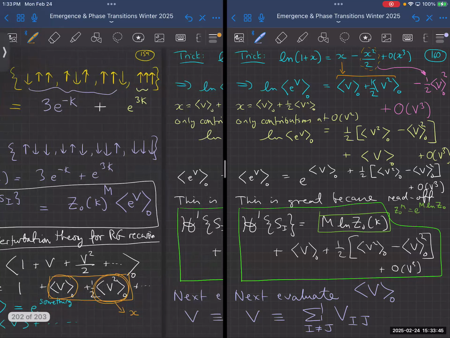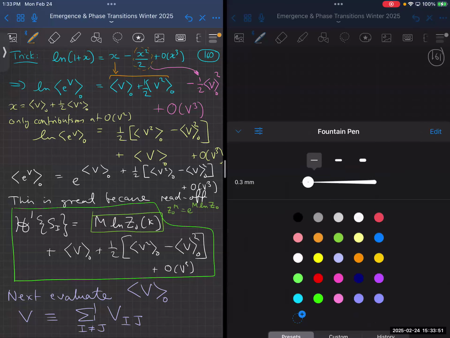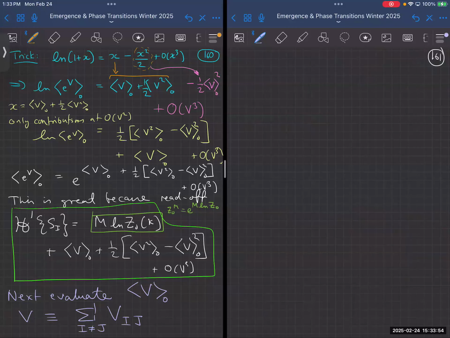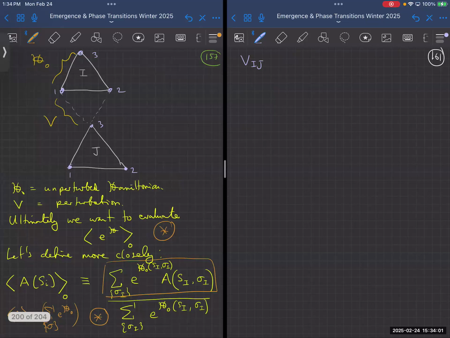And let's write out what that actually is. We know V_ij, just from our picture over here. So here's V_ij. V_ij couples spin 3 on block J with spins 1 and 2 on block I.